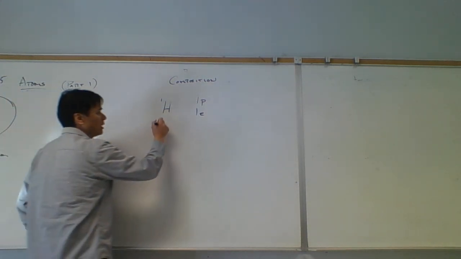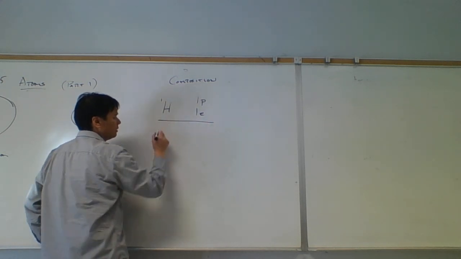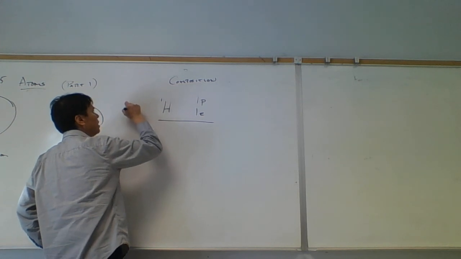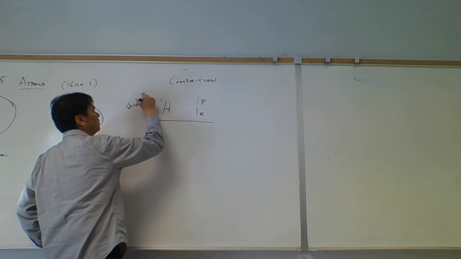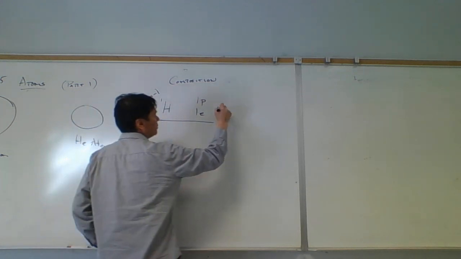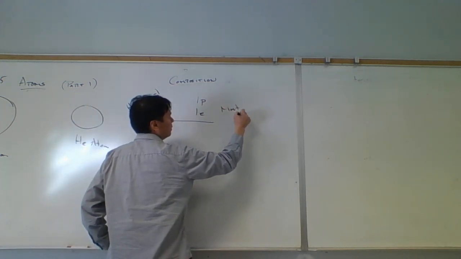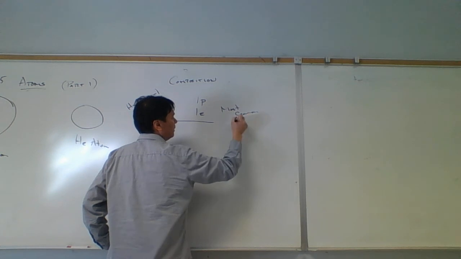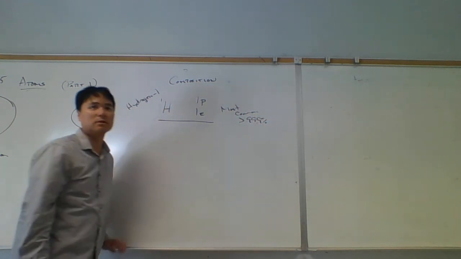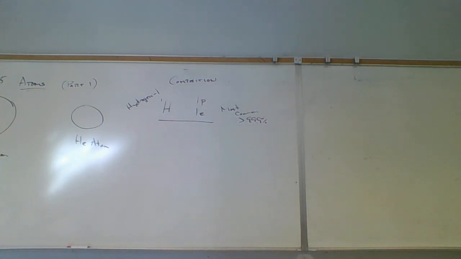But there are some other hydrogen atoms that are present that aren't as common. This one is the most common one, hydrogen 1. In fact, greater than 99.9% of all the hydrogen atoms found in nature are this. So when you have a glass of water, you're drinking mostly H1 atoms, H2O molecules.